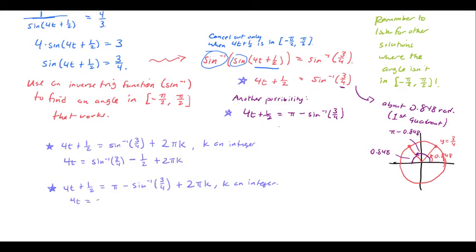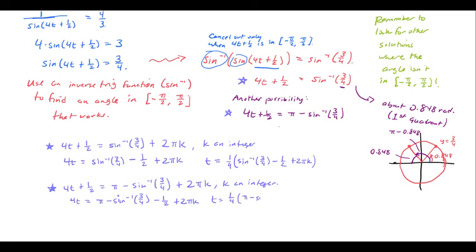Same here, 4t equals pi minus arc sine of 3/4 minus 1/2 plus 2 pi k. And then to find possible values of t, I divide both sides by 4, or take 1/4 of each side. So t is going to be 1/4 of all of this, or t will be 1/4 of all of this.